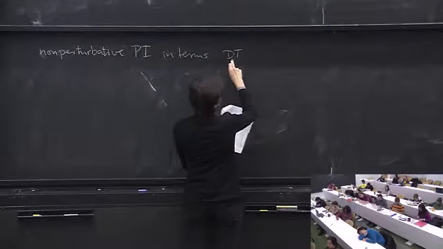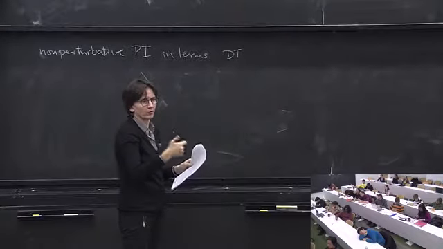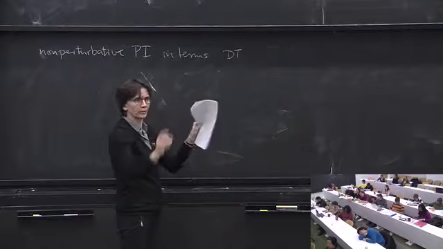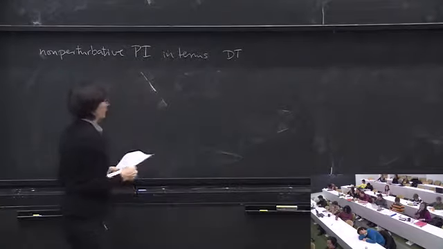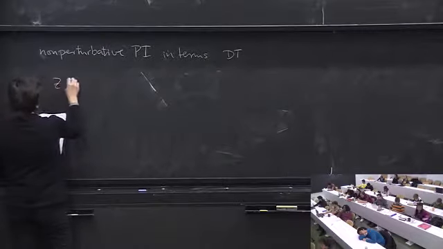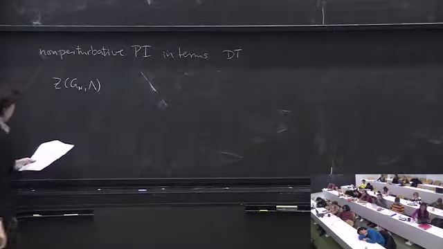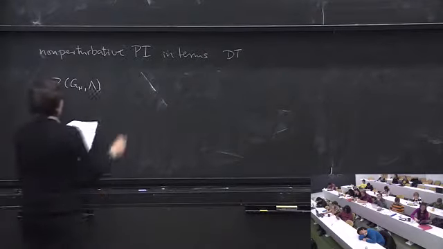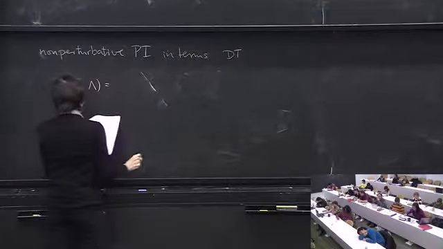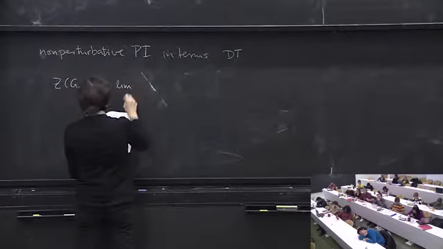The dynamical, of course, refers to the fact that there's not a single triangulation I'm working with, but I allow it to have arbitrary shapes. So this is what it is. I'm using, again, the Z as a notation for the entire path integral.